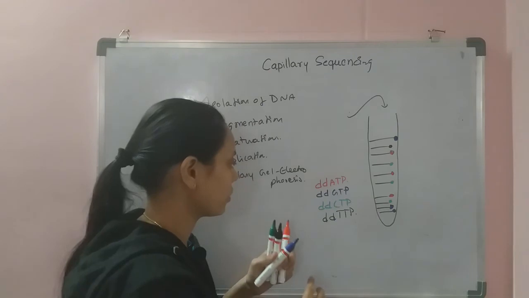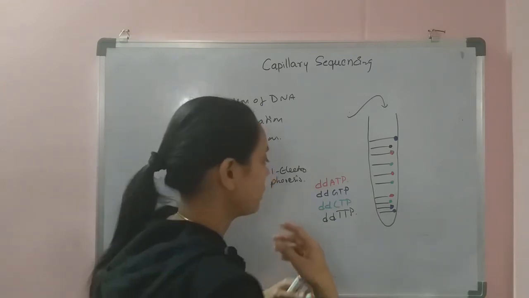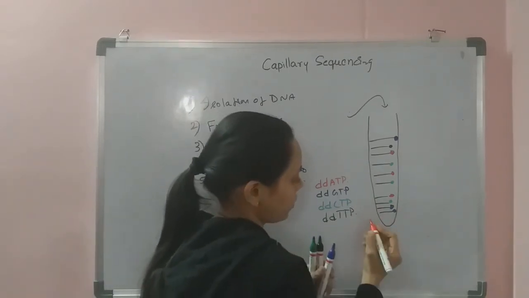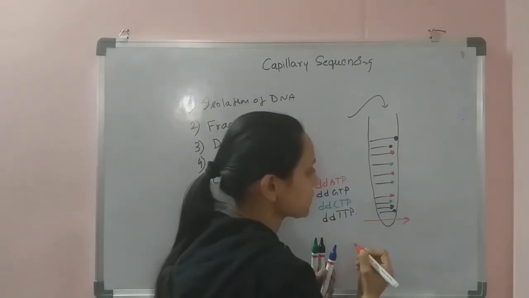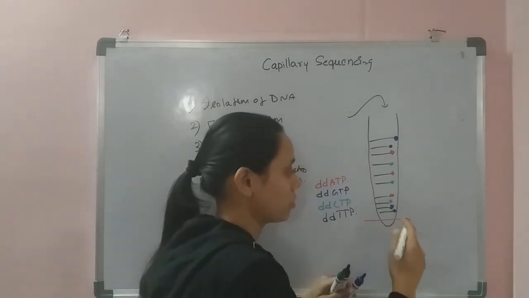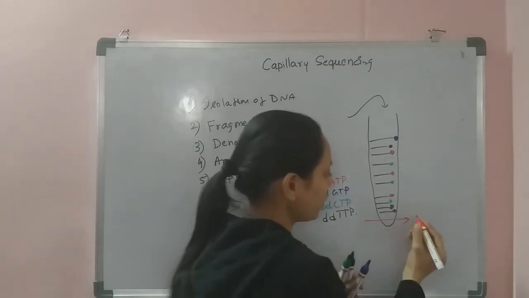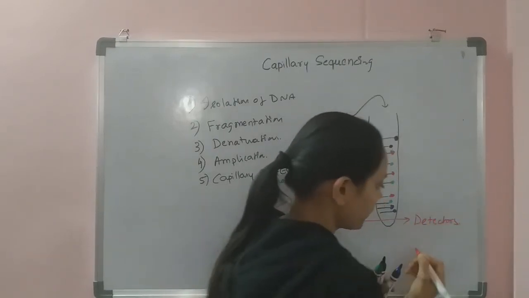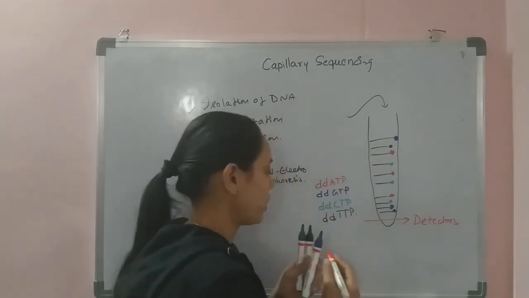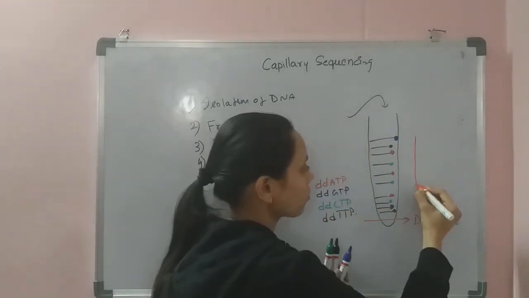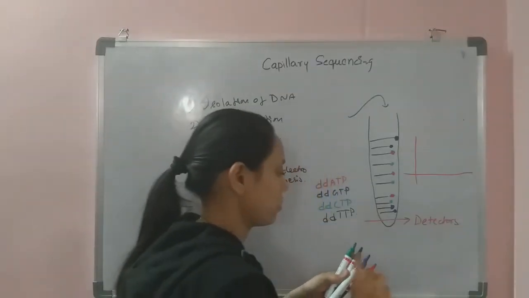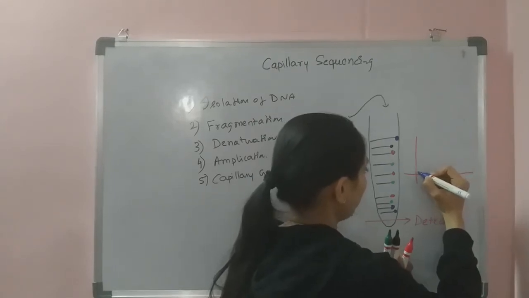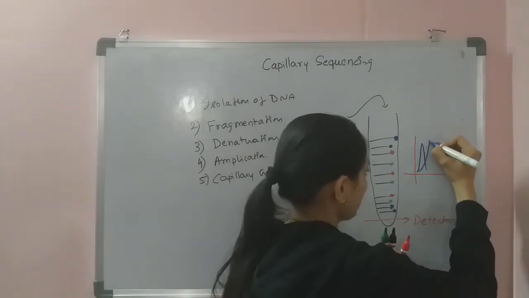Following the gel electrophoresis, the laser beam will be allowed to pass through the gel electrophoresis tube, and the detector will detect the signal, and then a graph will be obtained. That means the graph is similar to this.